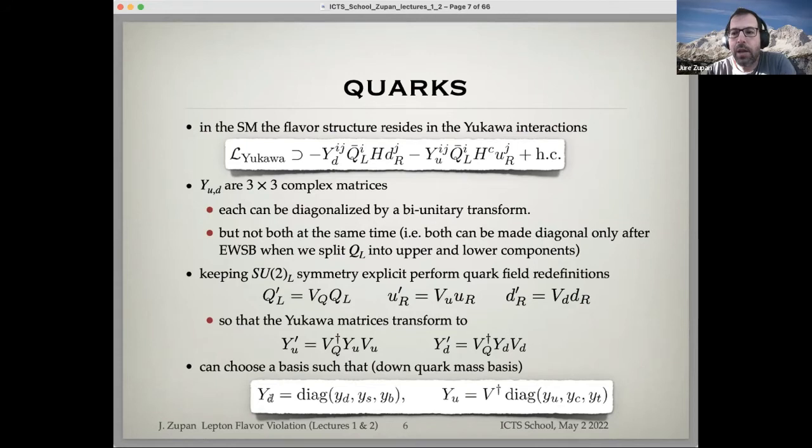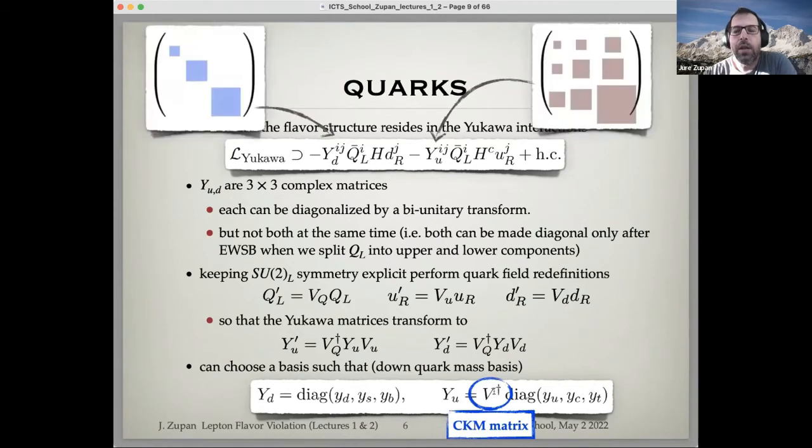So Y_D now becomes a diagonal matrix where you can make Y_d, Y_s, Y_b all real and positive. And then we're left over with a unitary matrix in front. That's the CKM matrix. It's a unitary matrix, but not the most general one, as you were told. There's a counting there that will remind you.